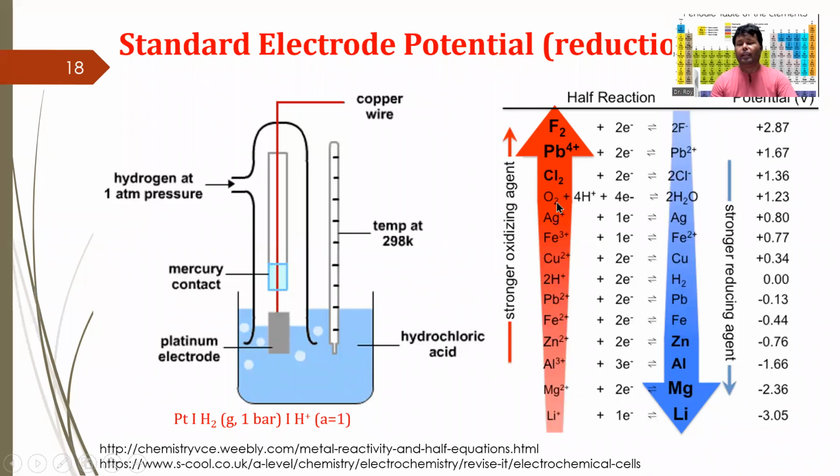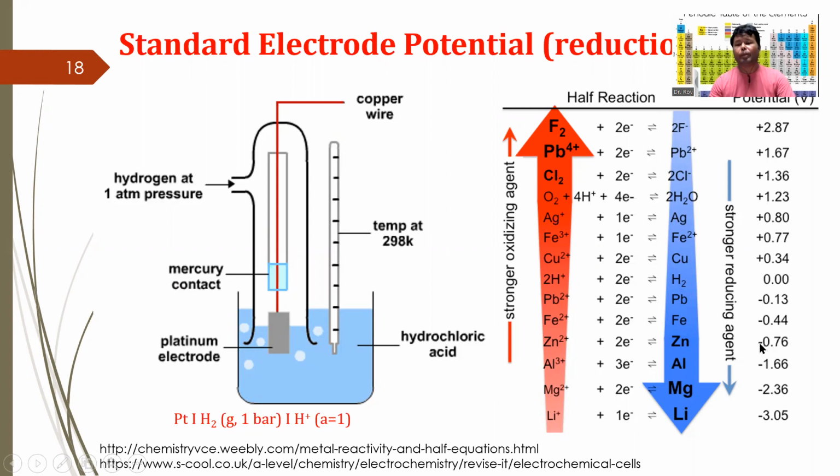If we make another cell, let us consider silver and zinc. If we put zinc in the oxidation half cell and silver in the reduction half cell, then the reduction potential of silver is 0.80 and the oxidation potential for zinc is then 0.76.